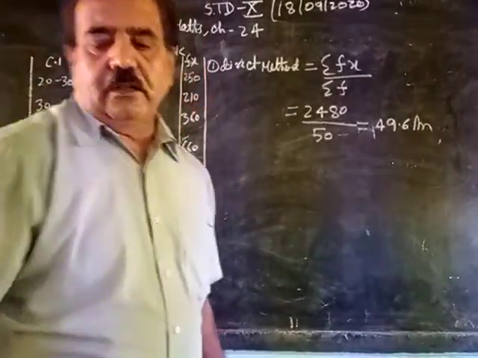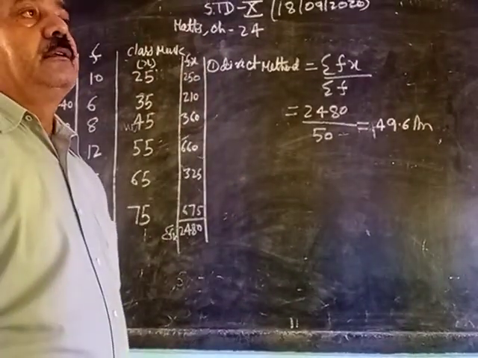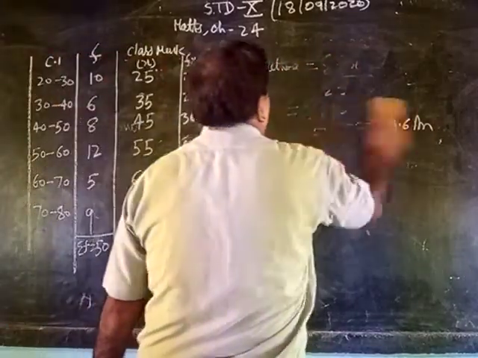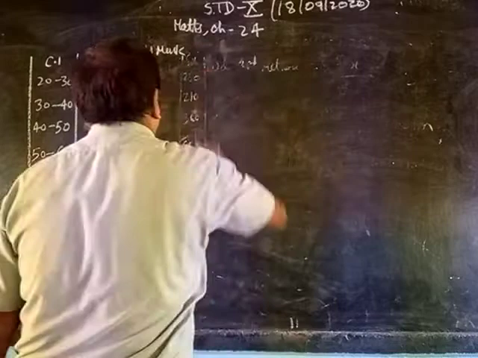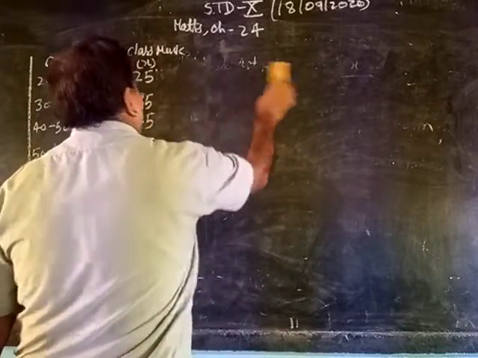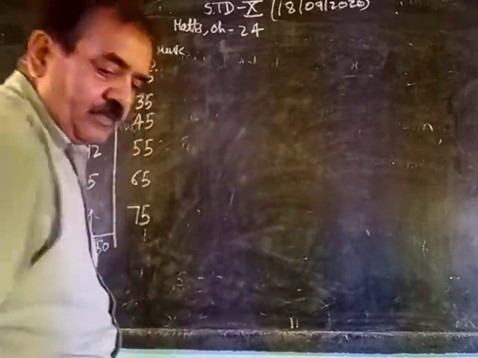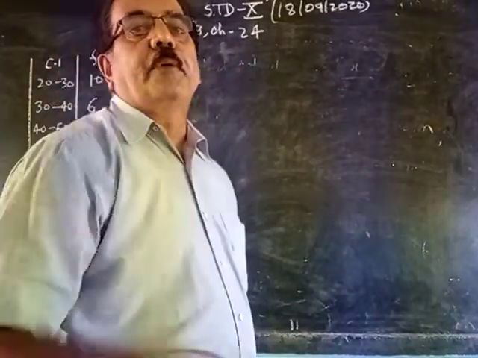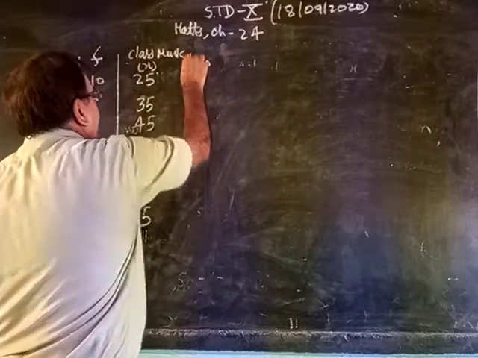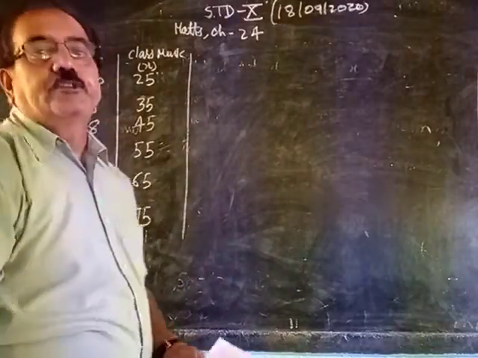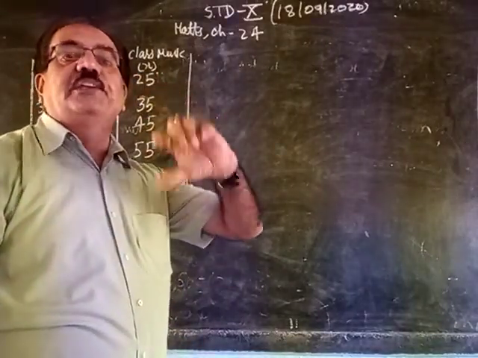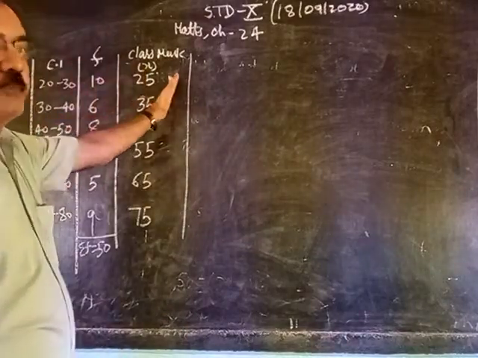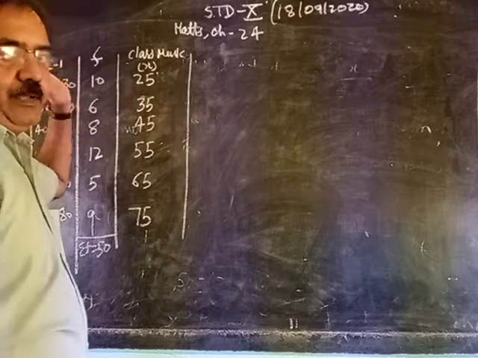The same question I will solve by the shortcut method. In the shortcut method, you have to find the deviation, and for that you have to find A. That will be considered from class marks, not from class interval.